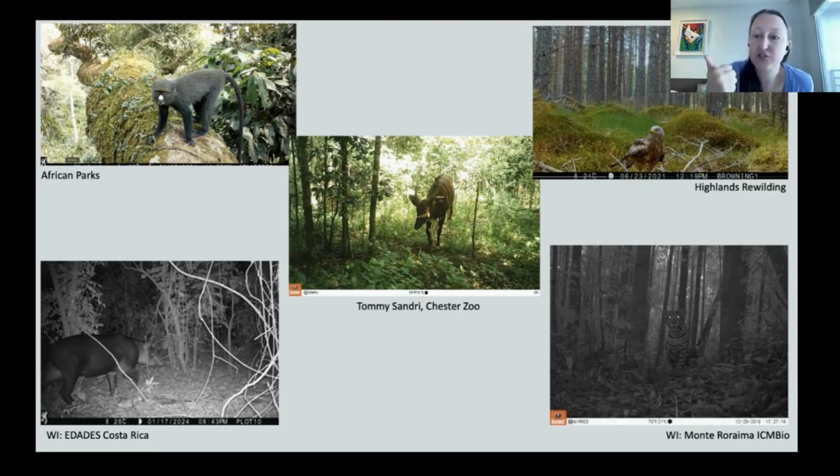You can do individual ID, particularly for marked animals that have stripes or spots. And this can happen underwater as well, right? With analysis of fins for marine mammals, or spots like whale sharks. So that's one of the benefits of using things like camera traps, is that ability to estimate density and abundance.